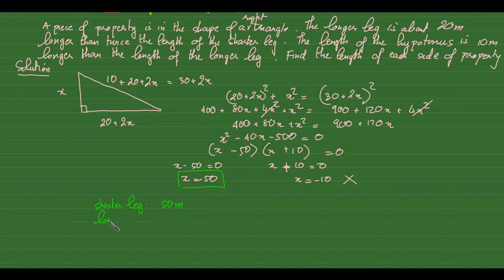The longer leg will be 20 plus 2 times 50, which is 120 meters, and the hypotenuse will be 30 plus 2 times 50, which is 130 meters. Good. Excellent.